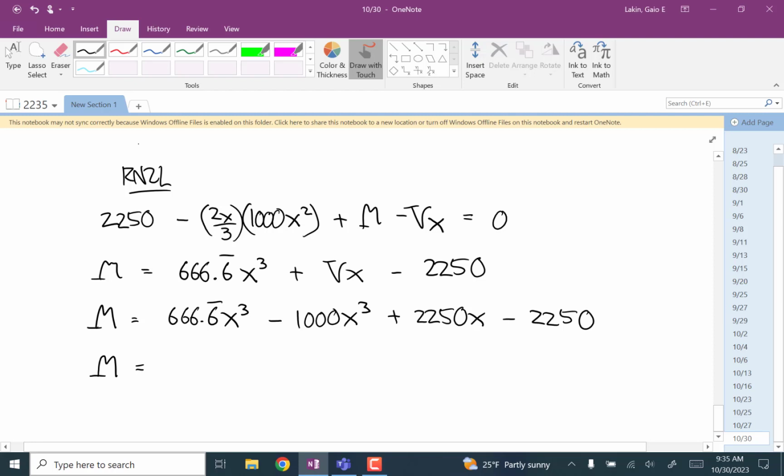And so m is equal to negative 333.3 repeating x cubed, just combining the two cubed terms, plus 2250 x minus 2250.